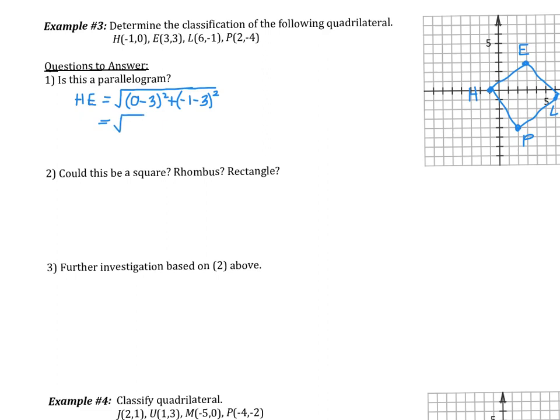When you simplify, -3 squared, -4 squared. So I have a 9 plus 16, which is square root of 25. So in the end, HE would be 5.